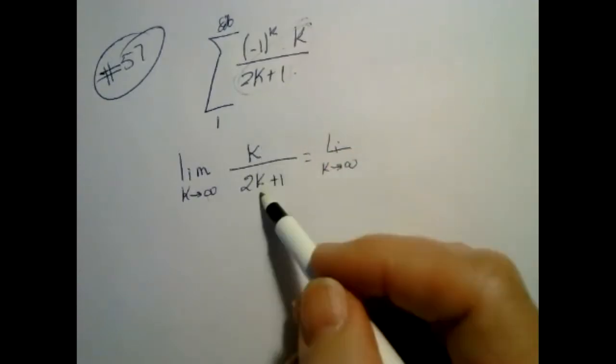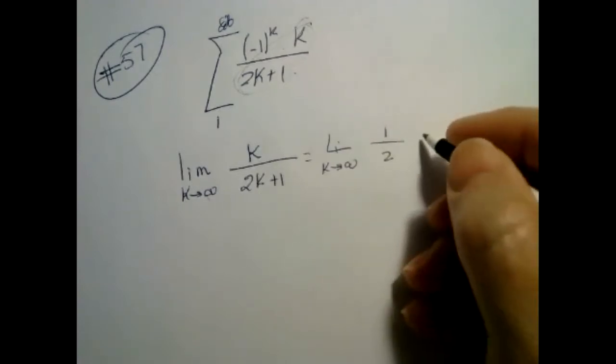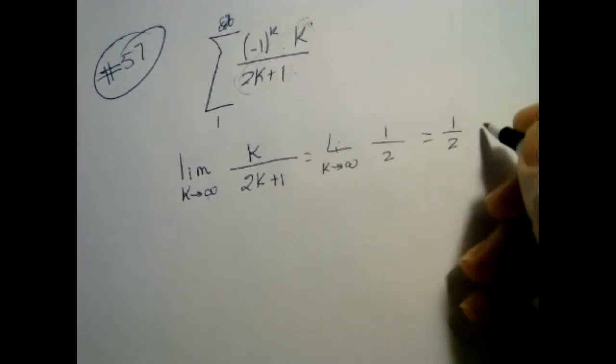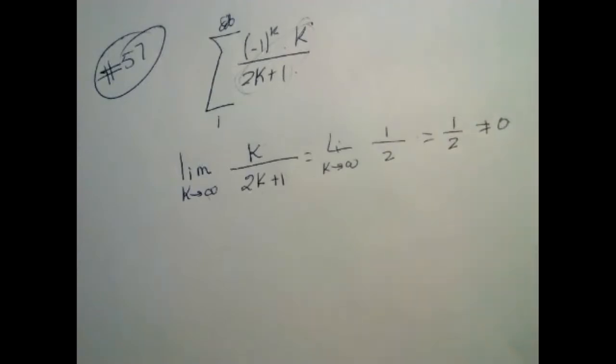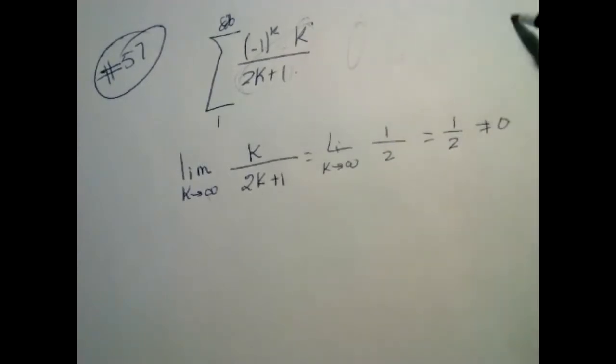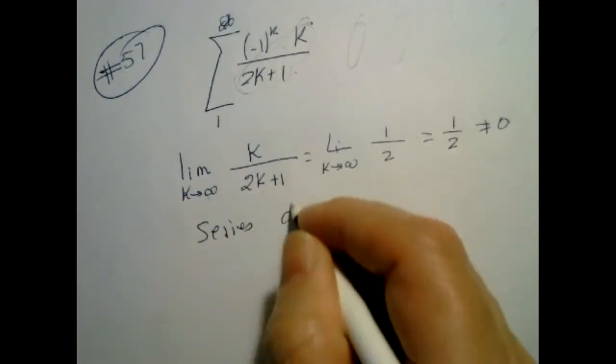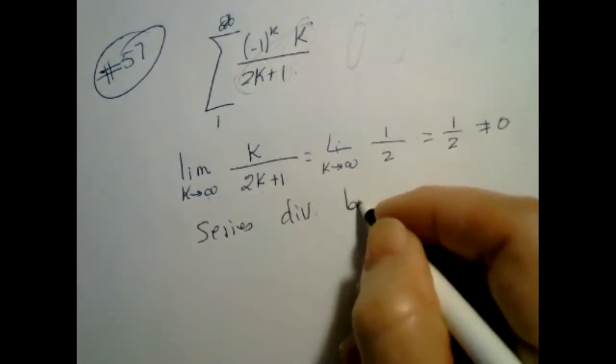As k goes to infinity, we have infinity over infinity. This is 1 over 2, which is equal to 1/2, non-zero. So when k is large, the terms don't become small. Immediately, the series diverges by the divergence test.